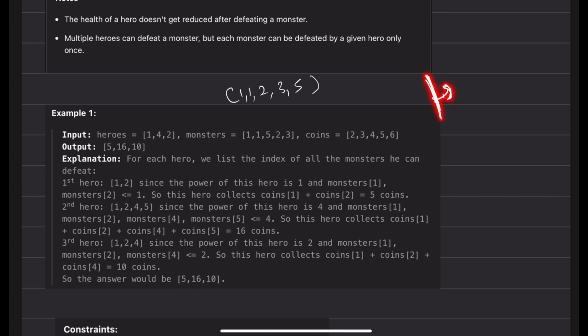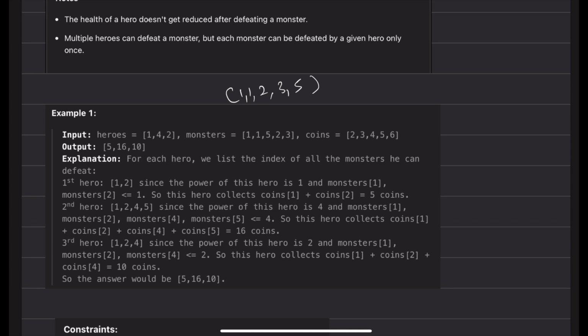If I cannot defeat this monster, then for sure I won't be able to defeat the monsters after it, and I need to reduce down my search space. That's how binary search can help us.